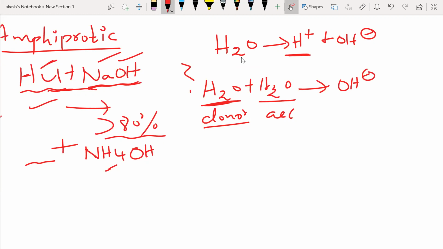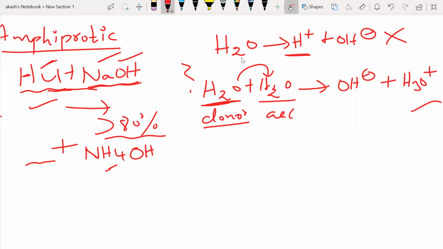And if I add H plus to the acceptor, it becomes H3O plus. This is the correct way of writing. Okay, this is wrong, this is the correct way. Two water molecules, one acting as H plus donor, the other as H plus acceptor. Is that okay?